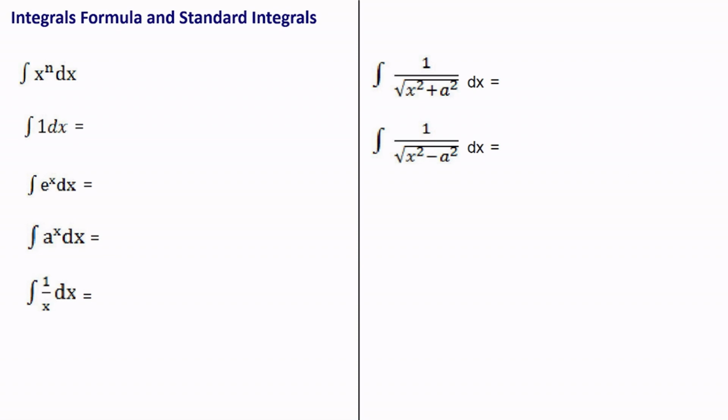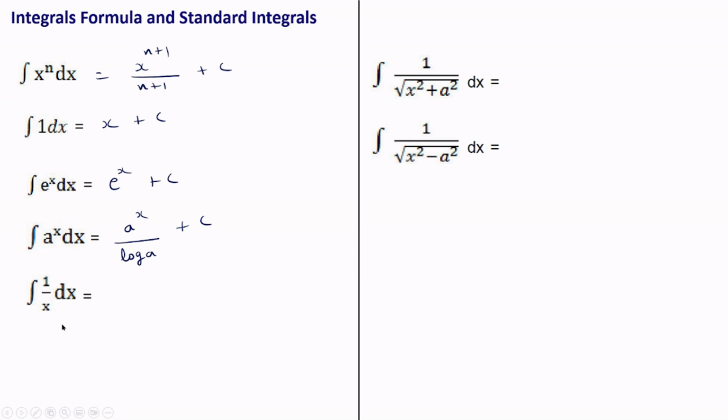And now we will see the various formulas for standard integrals. So integral x raised to n dx is x raised to n plus 1 upon n plus 1 plus c. Integral 1 into dx is x plus c. Then integral e raised to x dx is e raised to x plus c. Then integral a raised to x dx is a raised to x upon log a plus c.